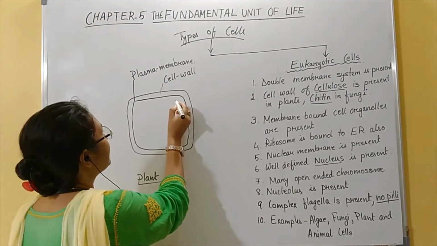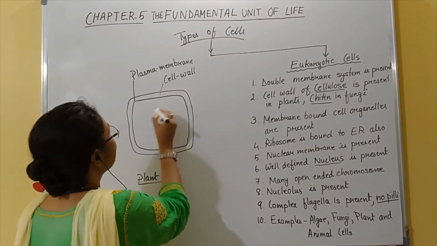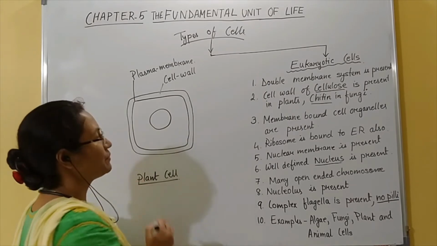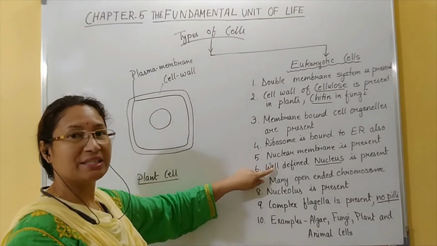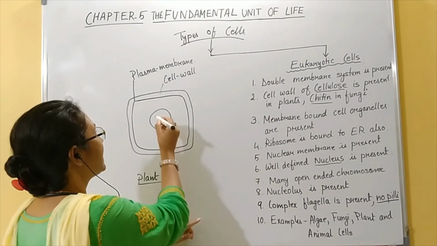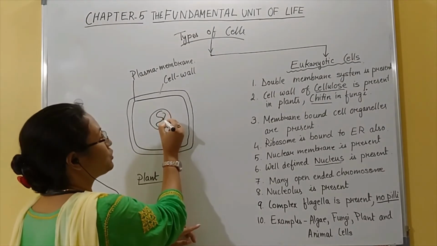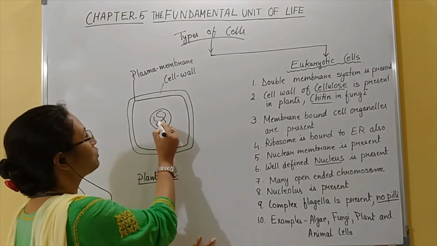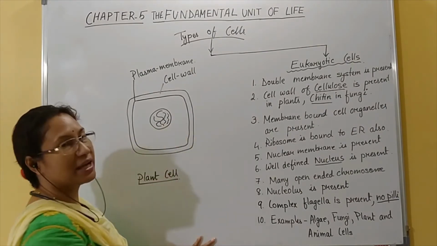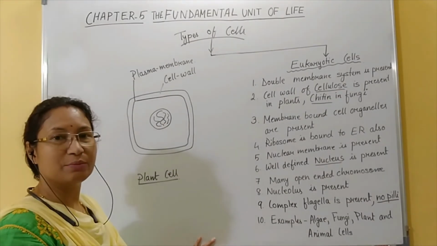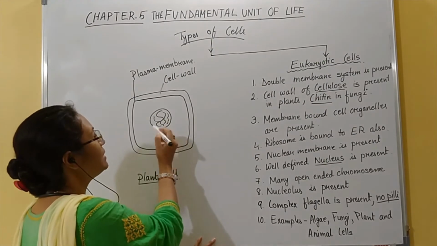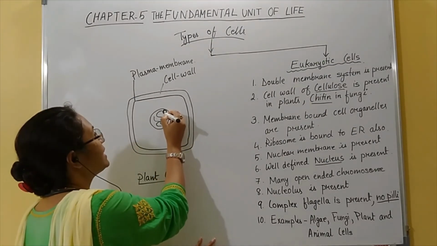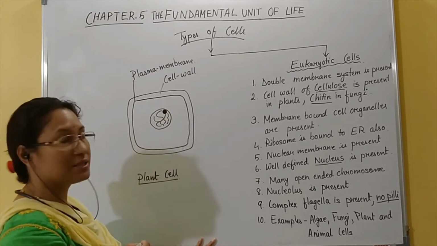So first of all there will be a well-defined nucleus present, and inside the nucleus there will be many open-ended chromosomes. You can look, the chromosomes are open-ended. They are not circular like the prokaryotes. And then there will be a dense structure called the nucleolus present.